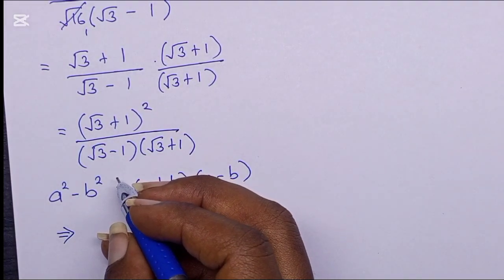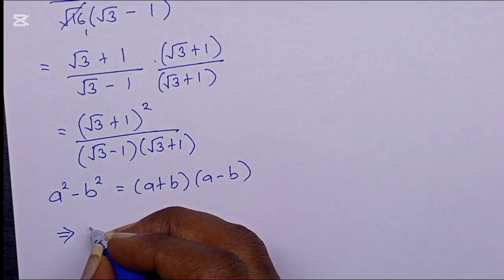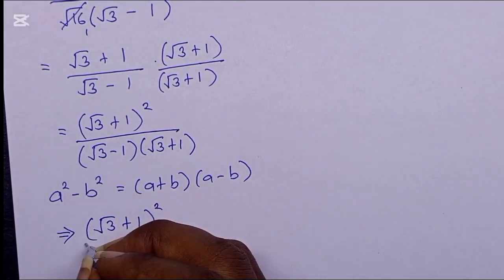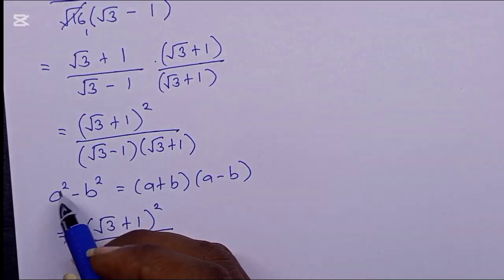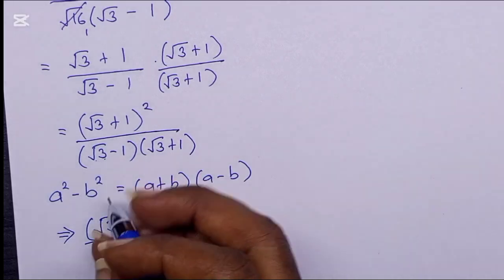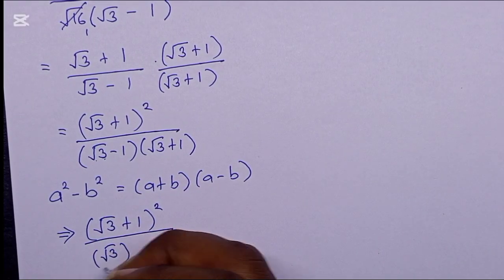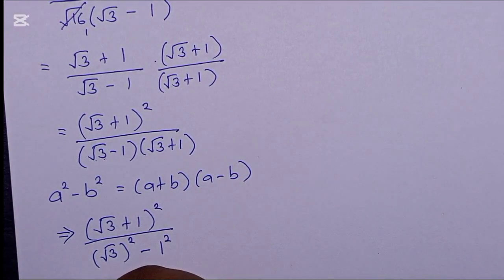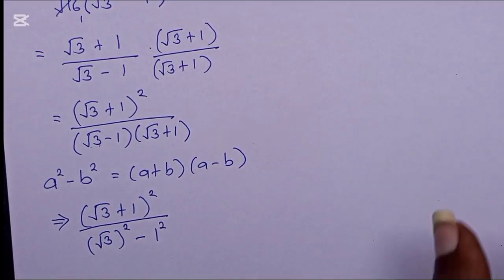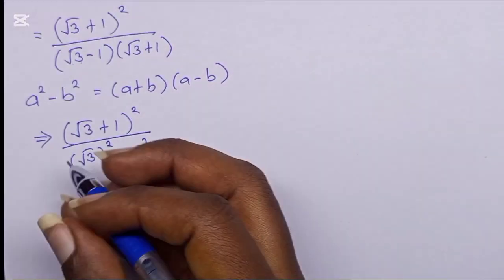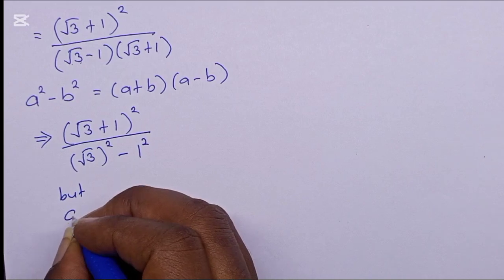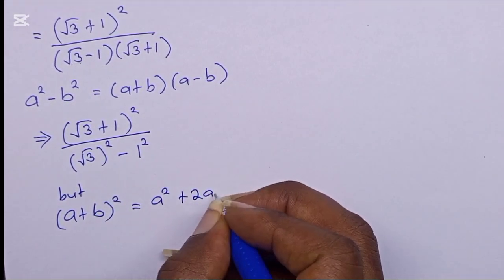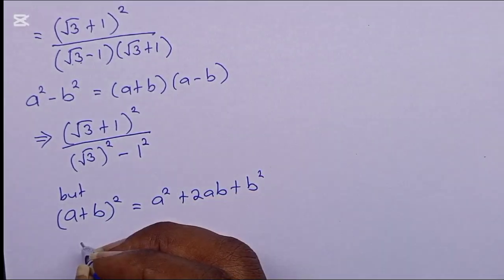So we can now write the denominator in this form: root of 3 plus 1 squared over, in this form our a is root of 3, so root of 3 squared, and our b is 1, so 1 squared. But remember, a plus b squared is the same as a squared plus 2ab plus b squared.